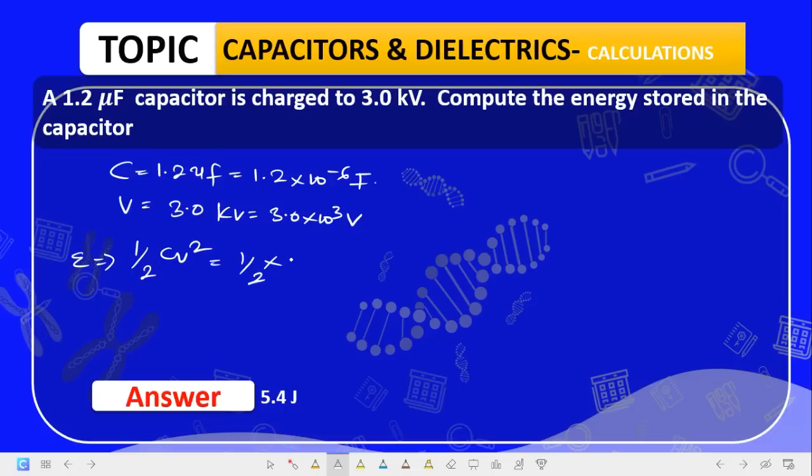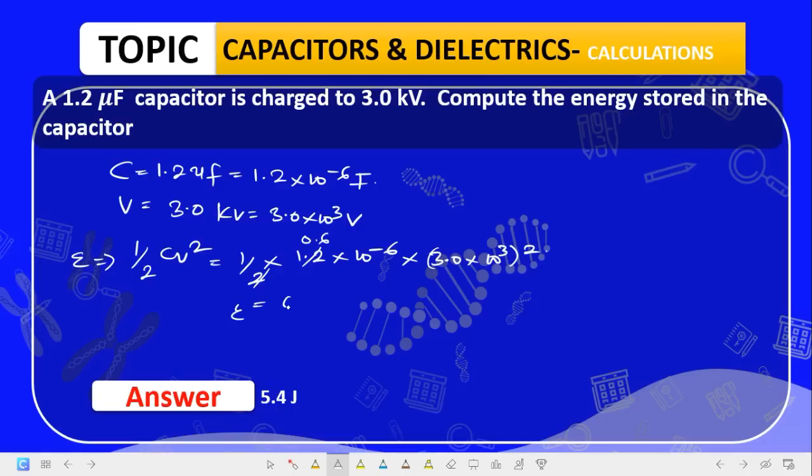Half times the capacitance, 1.2 times 10 raised to the power of minus 6, times the voltage, 3.0 times 10 raised to the power of 3, everything squared. Half of 1.2 gives us 0.6.